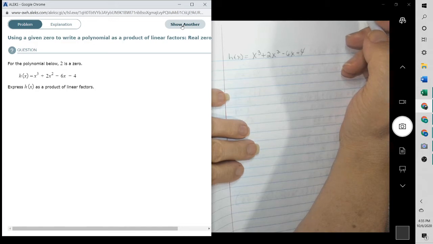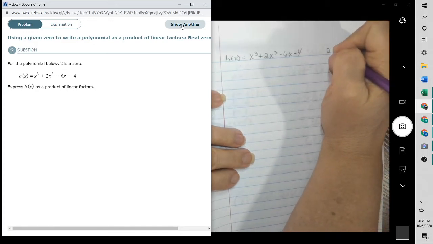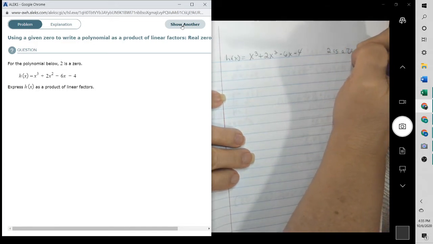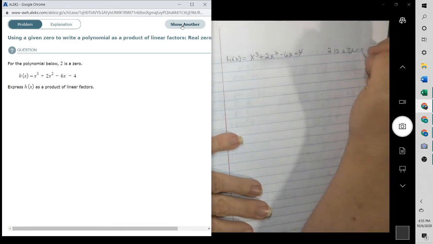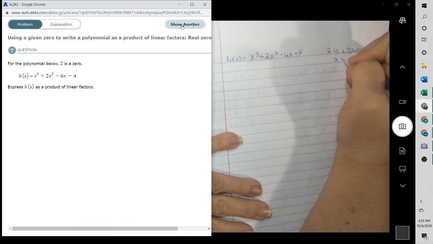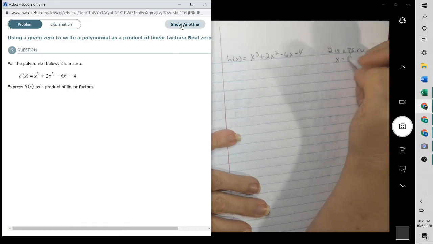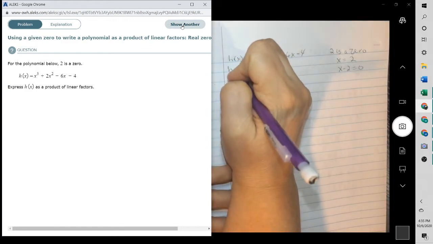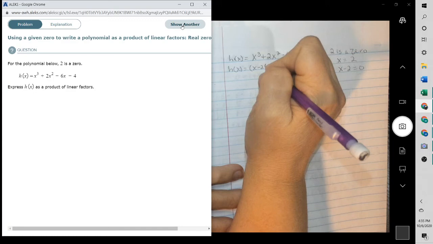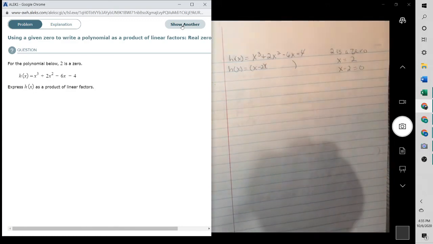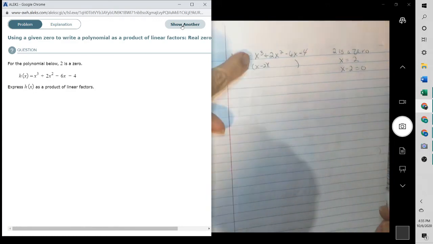Our 0 is 2, which means x equals 2. Bringing it over, the factor is x minus 2. Okay, to find the rest of it, we divide.